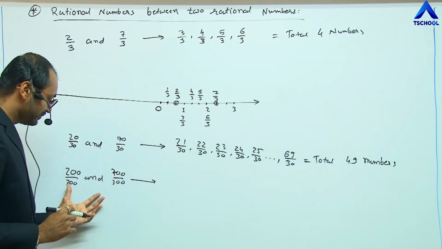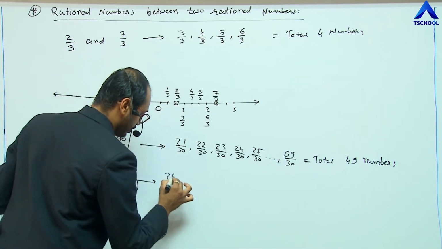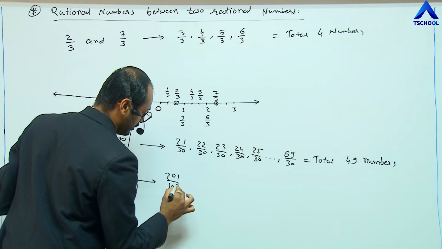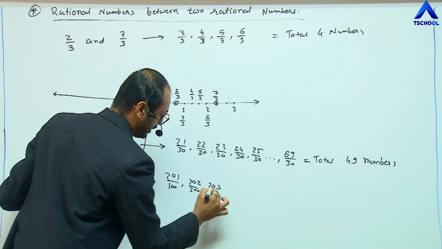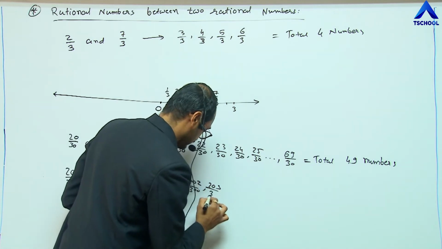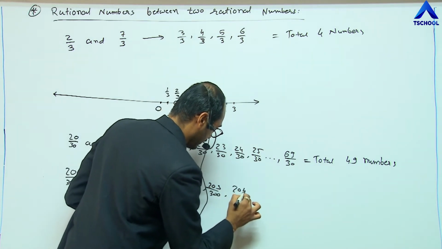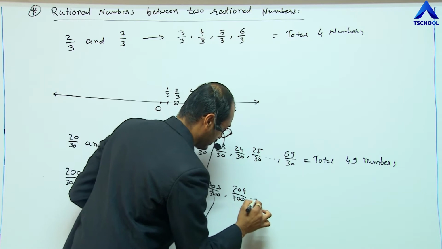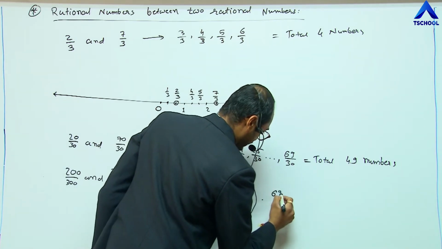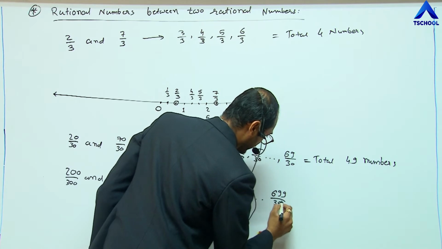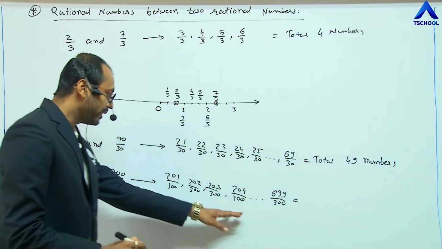Now for this one, let me start from 201, 202, 203, 204, and so on up to 699 divided by 300. That means how many numbers are there?